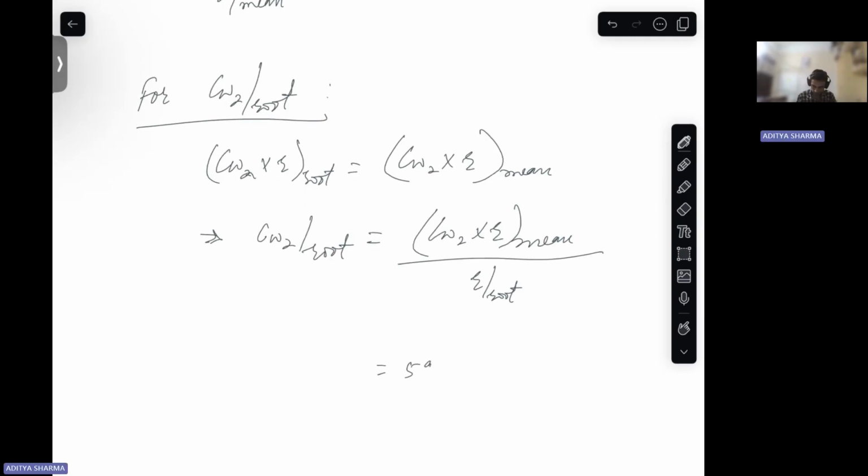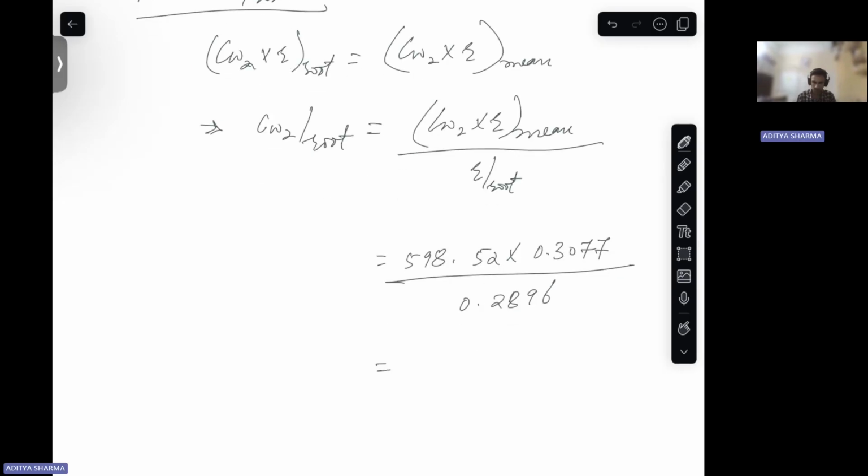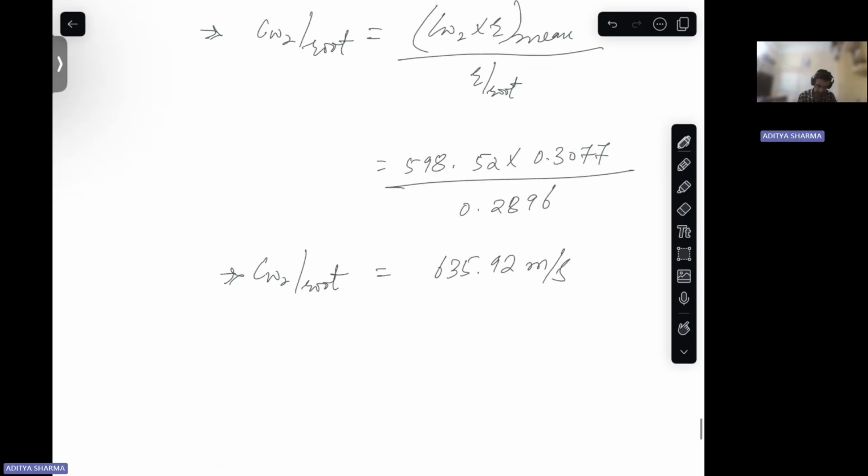So this is 598.52 we have just calculated, and your mean radius is 0.3077 meters, right? And then this is 0.2896 is your root radius. And if we calculate this, this will come out to be this. This is this CW2.